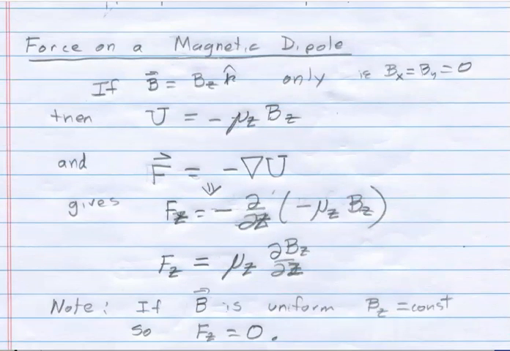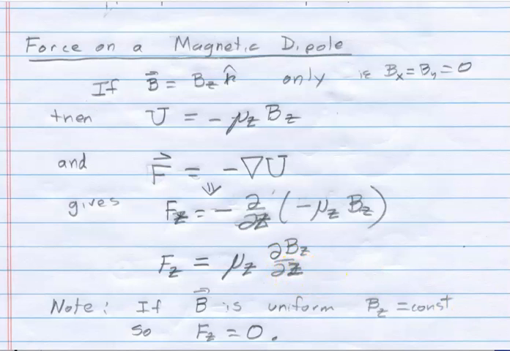And another useful expression is we know that the force on a magnetic dipole is just minus the gradient of its potential energy function. And here we get a negative sign in this relationship, and then we plug in the minus mu z Bz here, and the two minus signs go away, and we find that in this particular configuration there's a force in the z direction. It's just mu z times the derivative of the magnetic field with z.